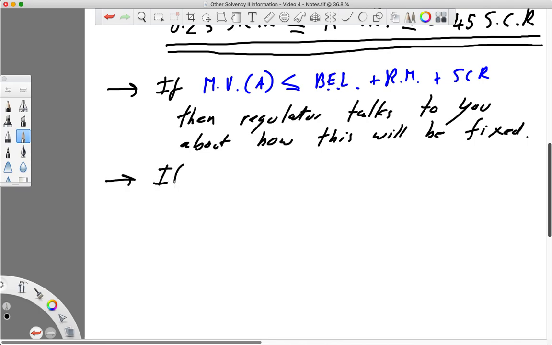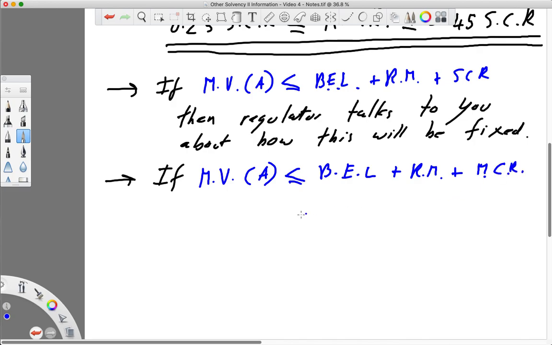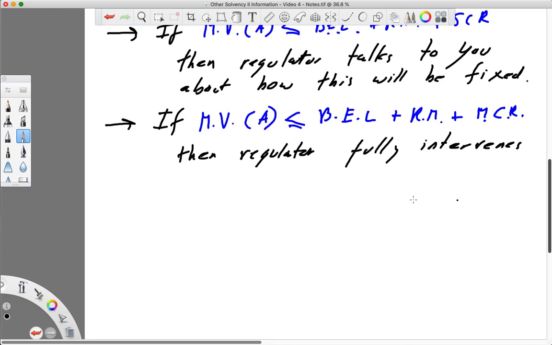So let's say if market value of assets is less than or equal to BEL plus risk margin plus MCR, in this case, then the regulator fully intervenes in the running of the company.